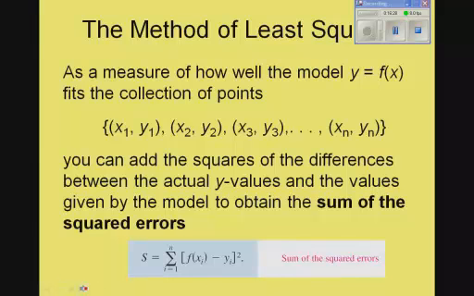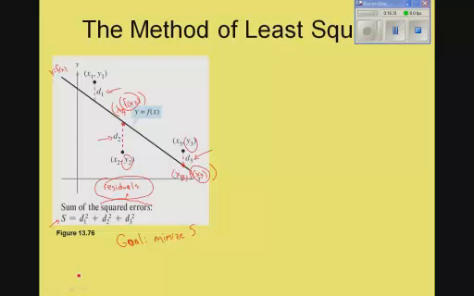All right, so how do we minimize S? Well, it'd be nice if we could write S as a function. So in this example, what is S a function of? Well, basically, if I give you a line, you can compute S. Let me do a different line. Is that line better or worse?